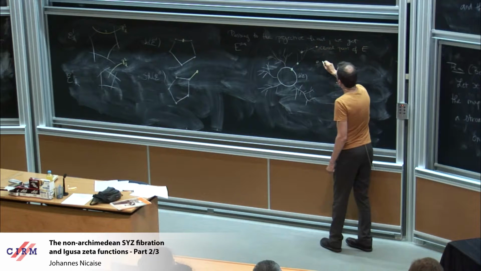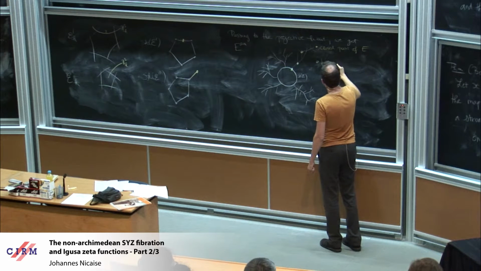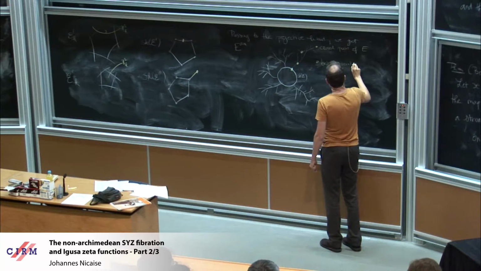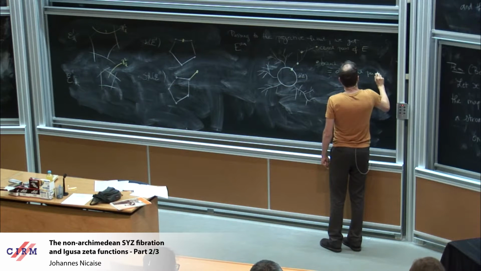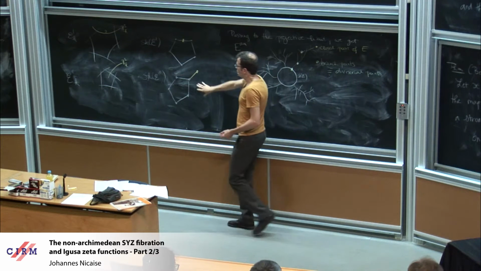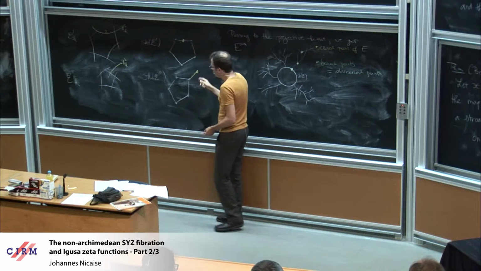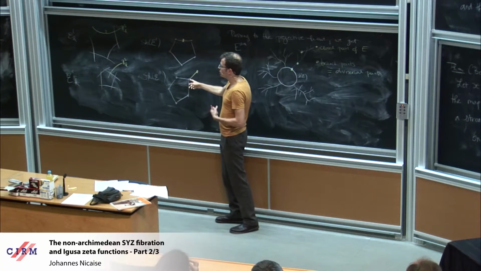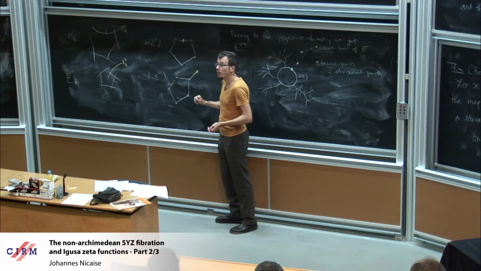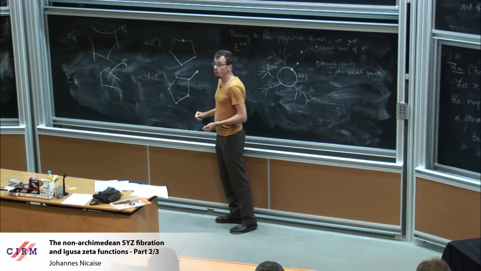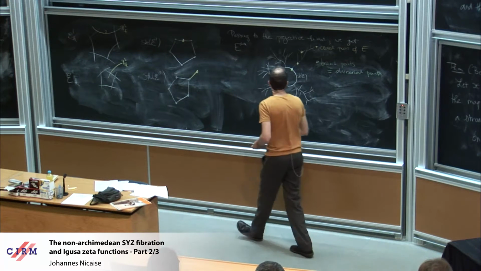So the branch points in my picture are precisely the divisorial points. Because, well, from this construction, it's clear that our tree can only branch at a point which is a vertex for some simplicial structure coming from a strict normal crossings model. So a point which corresponds to a divisorial valuation attached to an irreducible component in a special fiber.